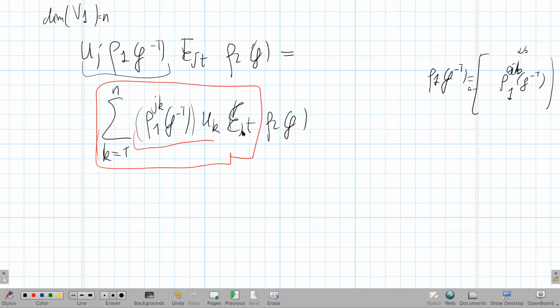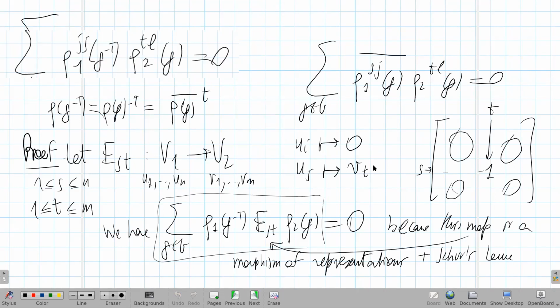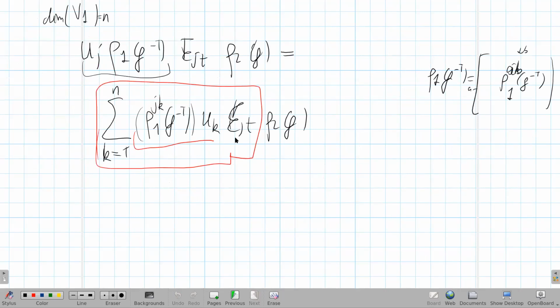And you see, E_ST is a very simple map. It sends everything to 0, except that it sends US to VT. So when you apply E_ST to this, only US will be saved. There will be only one term which is nonzero, the term with US. Let's do it in two stages. All the others are killed by E_ST, and this will leave you with rho1 JS of G inverse.